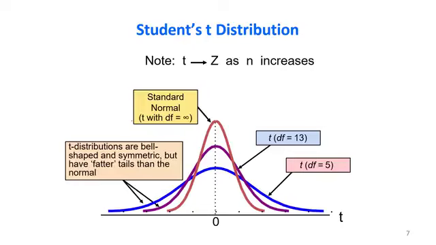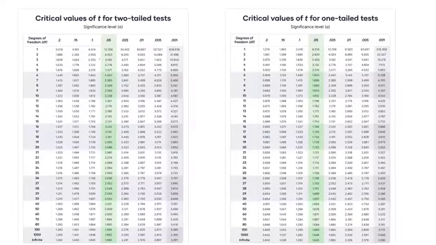So if you look at this particular table, here you will have the degrees of freedom. Let's suppose your sample size is 15, then degrees of freedom would be 14. So you pick the 14 here, and this is your significance level. Generally we go with the industry standard. The alpha is usually 0.05.